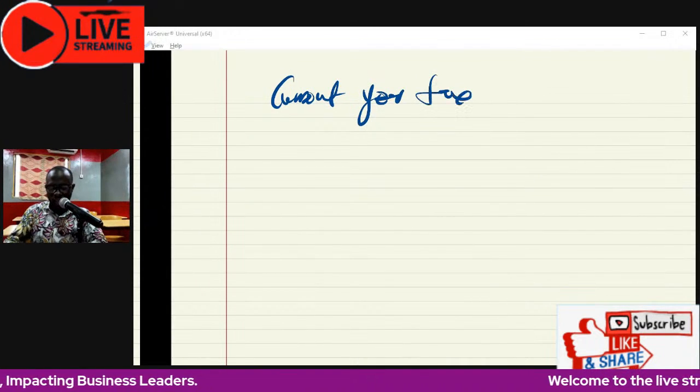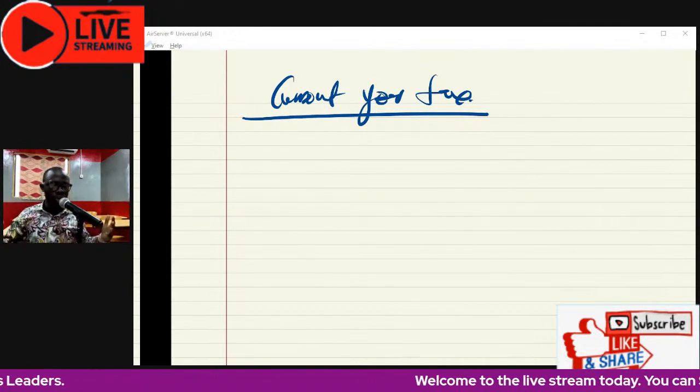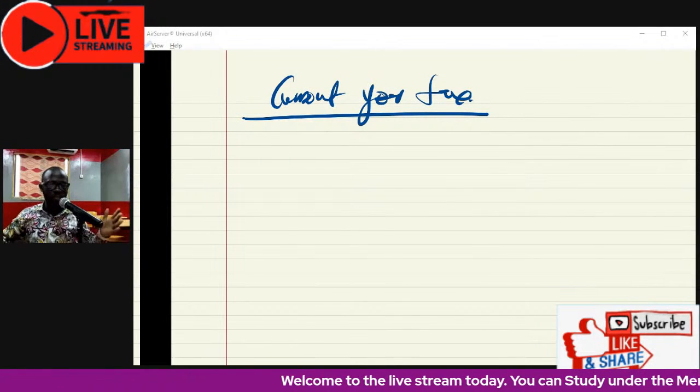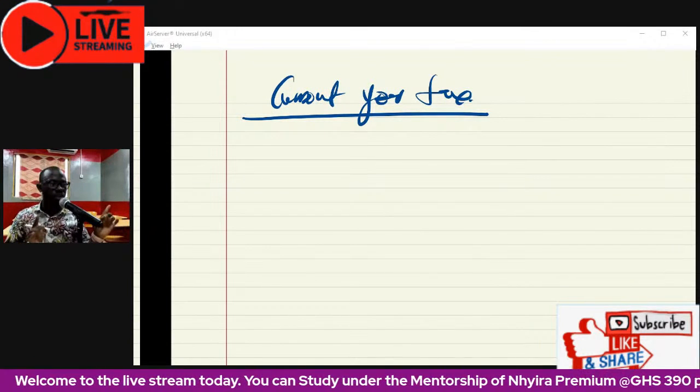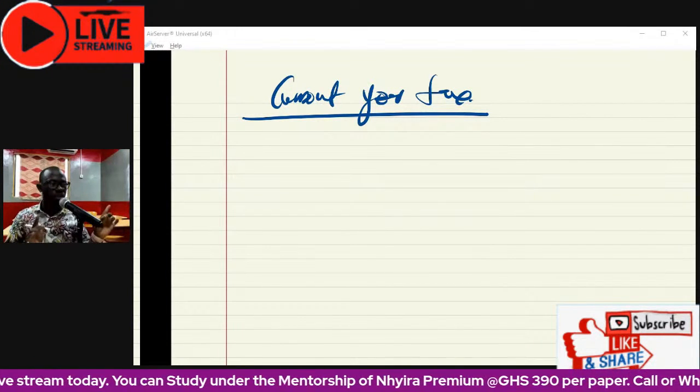Current year tax. Usually, current year tax is simply the estimate of tax payable based on the accounting profits of the entity.